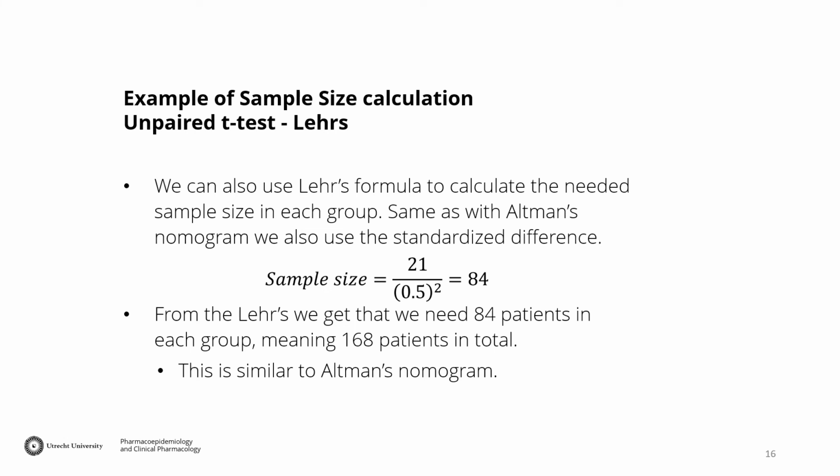And then below that we have the standardized difference, which was 0.5. We take that to the power of 2, and then that gives us that we need a sample size of 84 patients in each group, which means that we would need a total of 168 patients. And this is also very similar to Altman's nomogram, so they are very similar to each other.